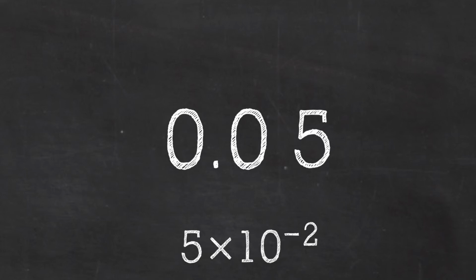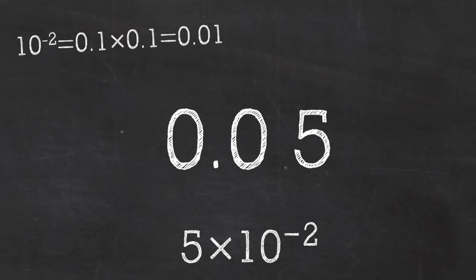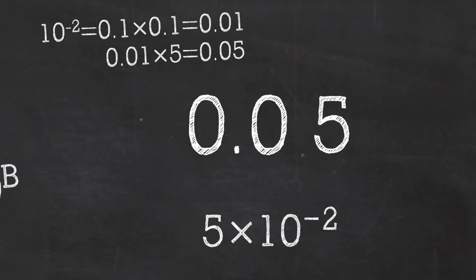Again, we can check that this is correct by working out the individual components. 10 to the power of minus 2 is actually 0.1 times 0.1, which equals 0.01. And 0.01 multiplied by 5 results in 0.05.